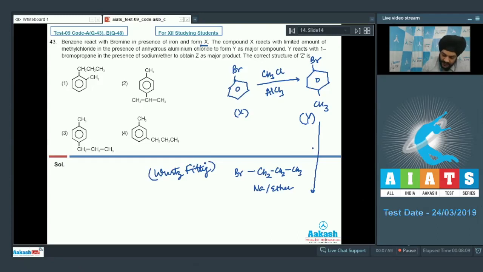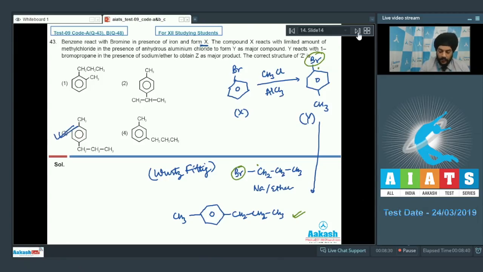So this is going to lead to the formation of this structure. So the Na in ether is going to couple the radical formed here with the radical formed here. So we're going to have the formation of this structure. Now if you look at the options which are given to us, we can clearly see that we have to select the third option as the correct answer to this question.